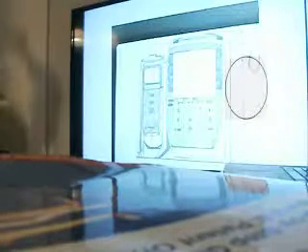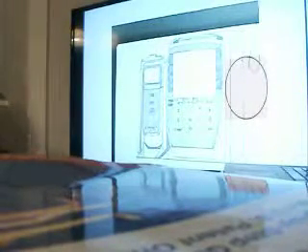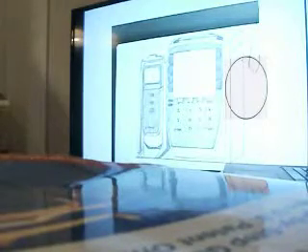Of course, these would be computerized drawings. Okay, so that was figure 1A. Now, figure 2.